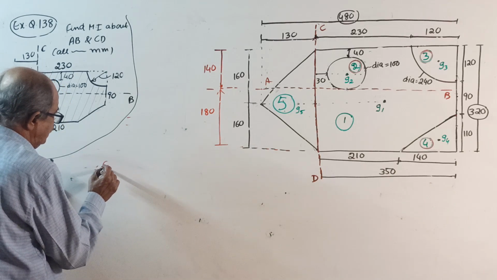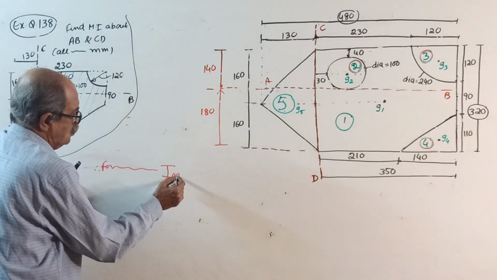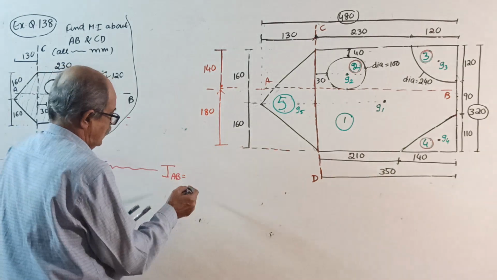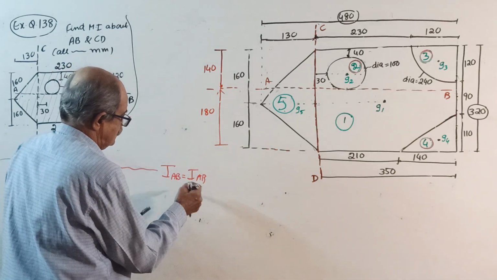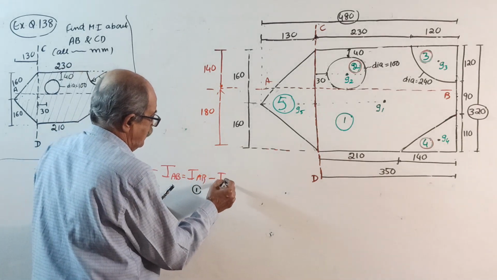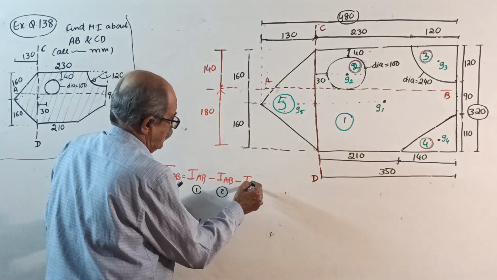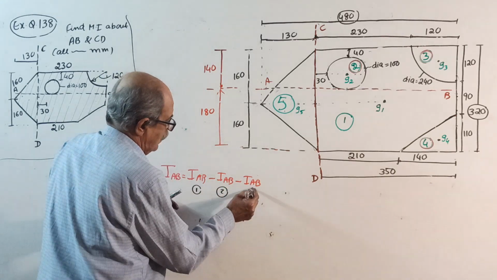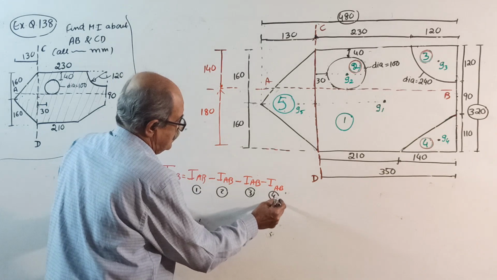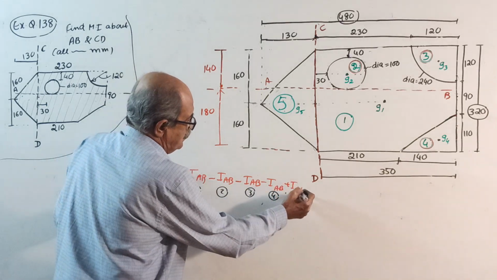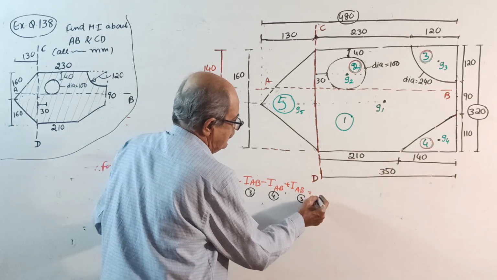Therefore, for the entire existing given area, considering all the cutouts, I about AB equal to, you write, I about AB for 1 minus I about AB for 2 minus I about AB for 3, minus I about AB for 4, lastly plus I about AB for 5. The answer you calculate, get the answer.